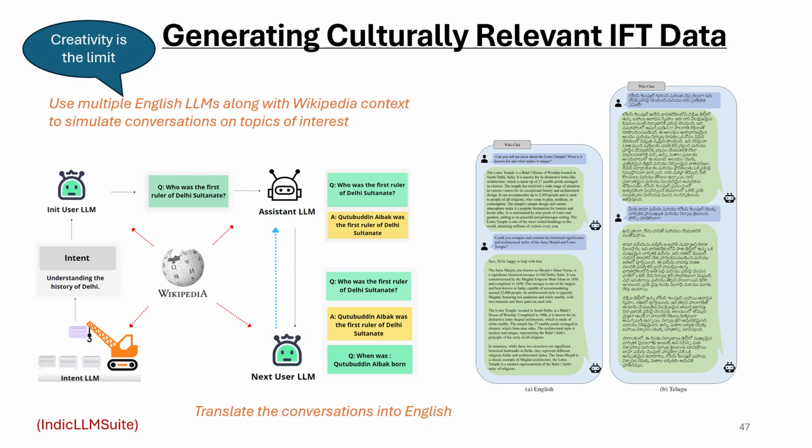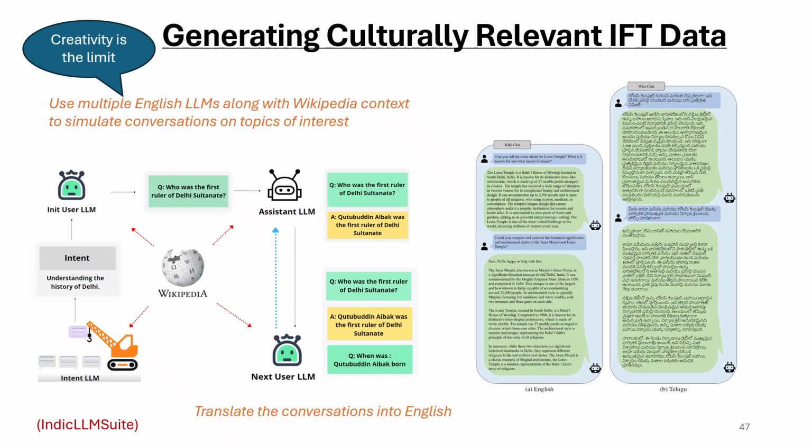Then we can have the LLM play the role of the user again, but now as the next user LLM, which has the previous conversation context, and it can generate a new question. Now you can go back and forth between the next user LLM role and the assistant LLM role and keep generating a conversation.